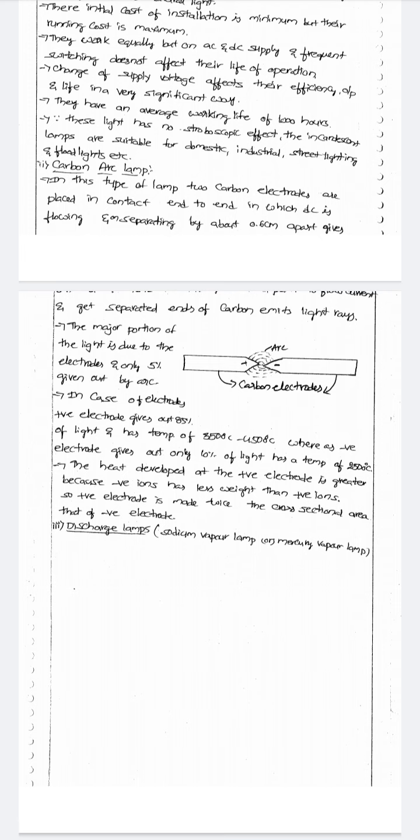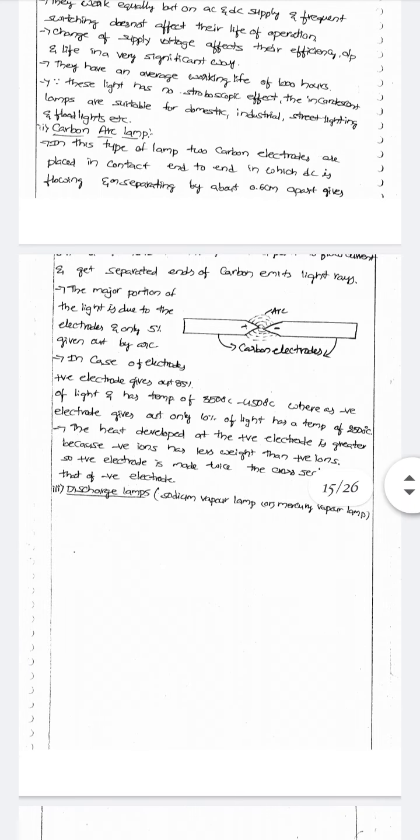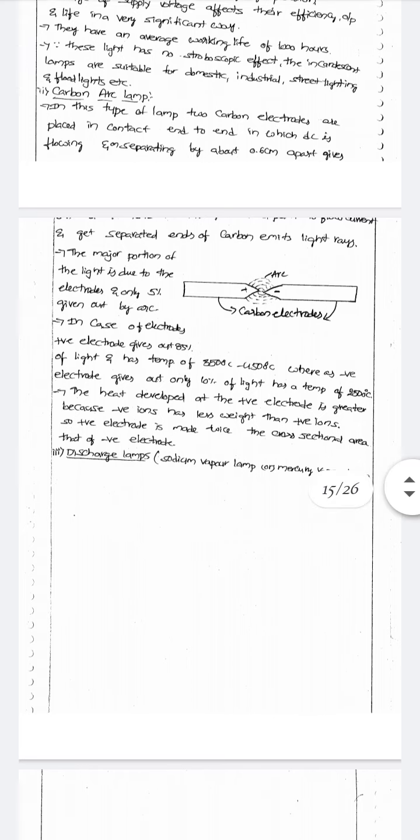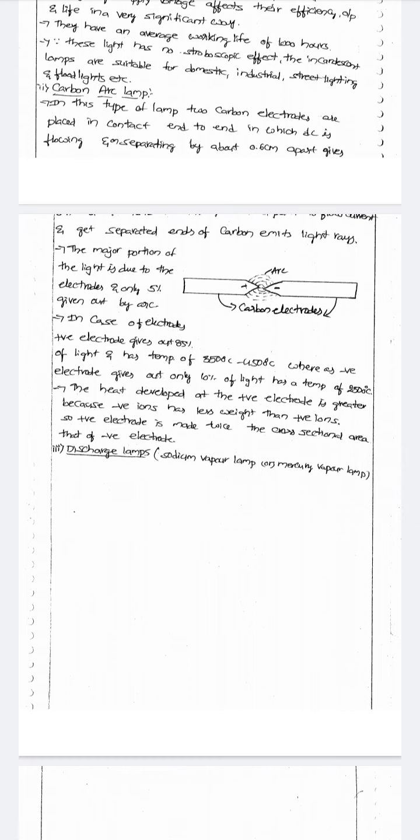The positive electrode gives about 80% of the light, at a temperature of 3500 to 4500 degrees centigrade, whereas the negative electrode gives only 10% of the light, at a temperature of 2500 degrees centigrade.